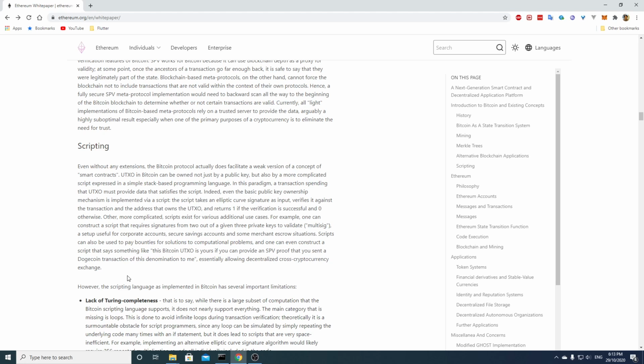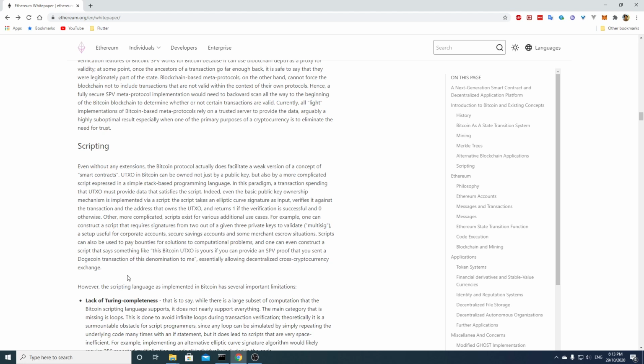So there's some language, there's some rules. The result of running that script is a success. So the first part is in the UTXO, which is kind of like the challenge. And in order to spend from that UTXO, you have to provide the answer.